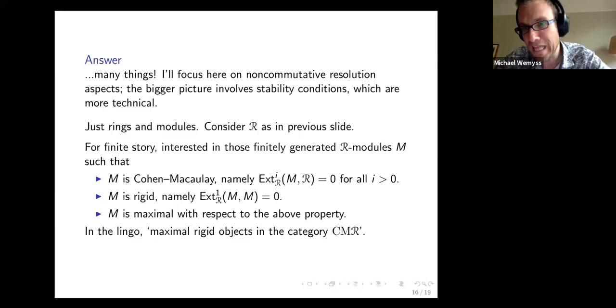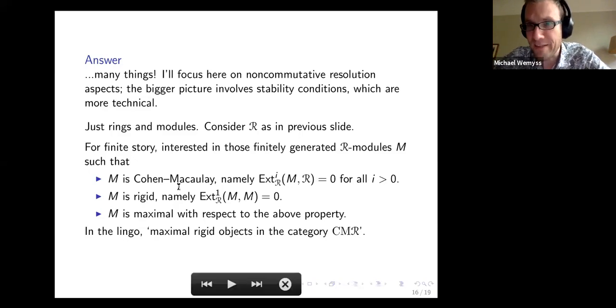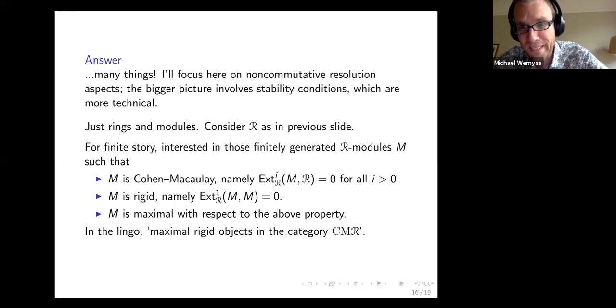In the lingo of cluster tilting people, this is known as maximal rigid objects in the category of Cohen-Macaulay modules. But ultimately, we are just doing modules over a ring satisfying three properties. I should say straight up, it's not obvious that these things exist.